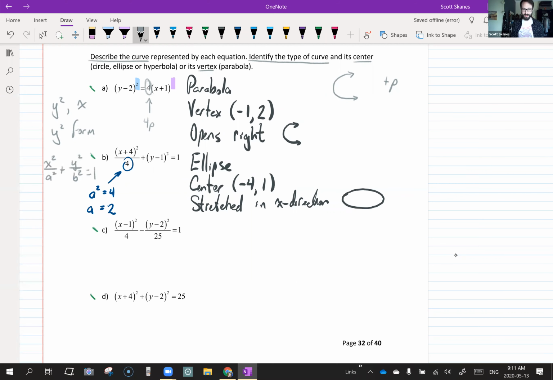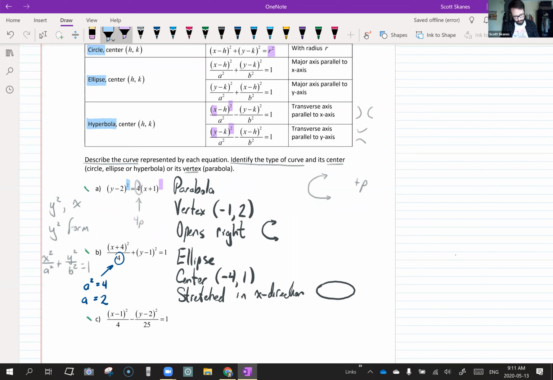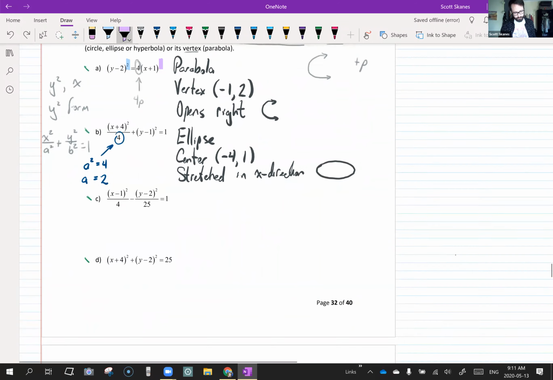We can see it matches the form. Really, just look at the table and match it directly. This, if you look really carefully, matches this form pretty much exactly. It's got the x in front, it's got an a on the bottom, it's got the y stuff after that, and the b on the bottom, and then it equals 1. So it's clearly an ellipse. There's hundreds of ways that I can explain that, but just look up and take a look. You should get it pretty easily.